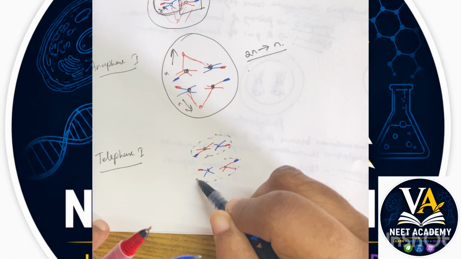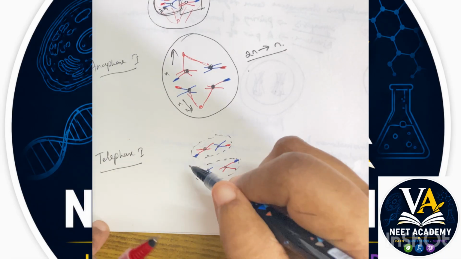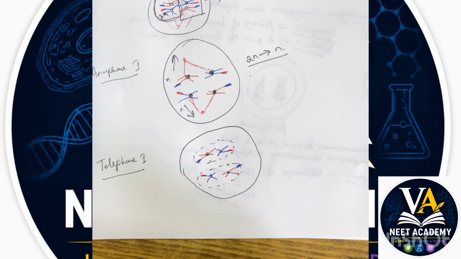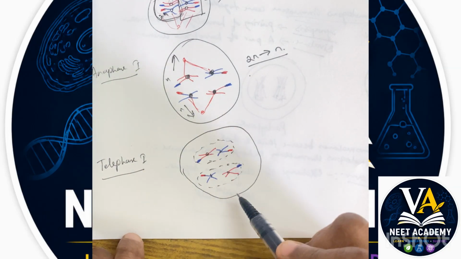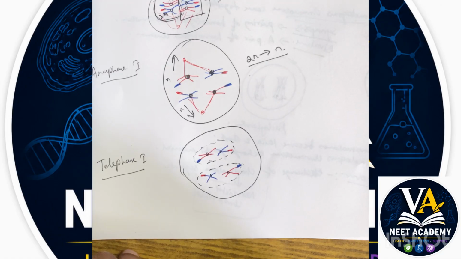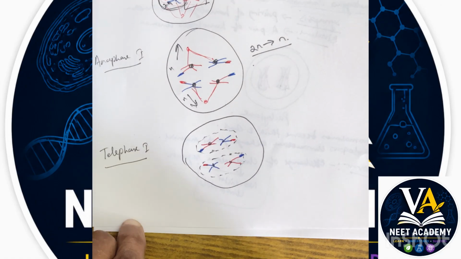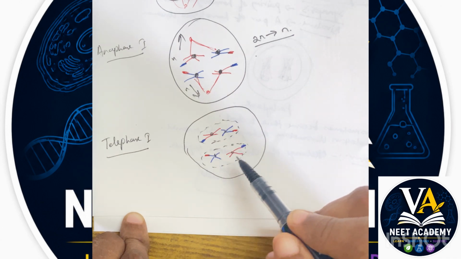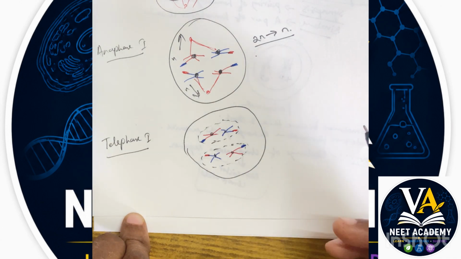The cell is one, but there is reappearance of the nuclear membrane after the chromosomes reach the opposite pole. So telophase I causes the movement of DNA to the opposite pole and reappearance of the nuclear membrane.